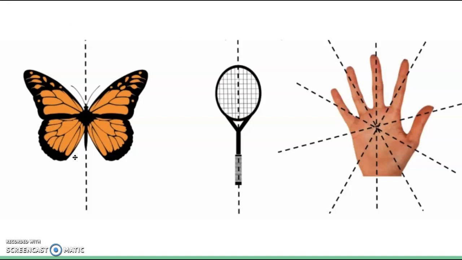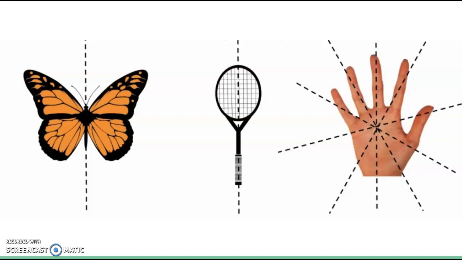It's the same on each side. Same with this racket here. With the hand, no matter how I cut it, it's never going to be symmetrical. And so when we're talking about molecules and polarity, we're actually talking about symmetry.